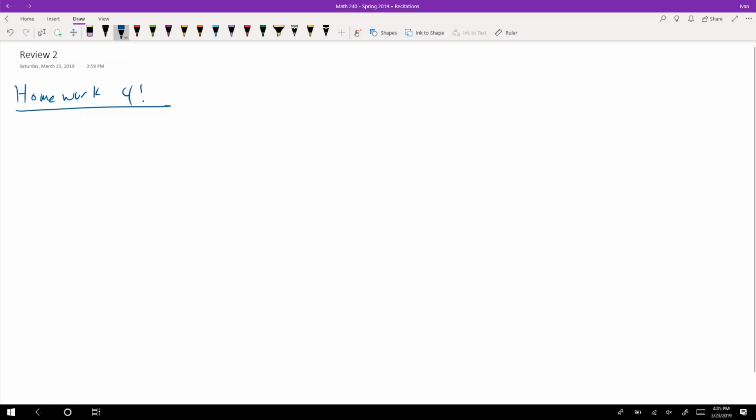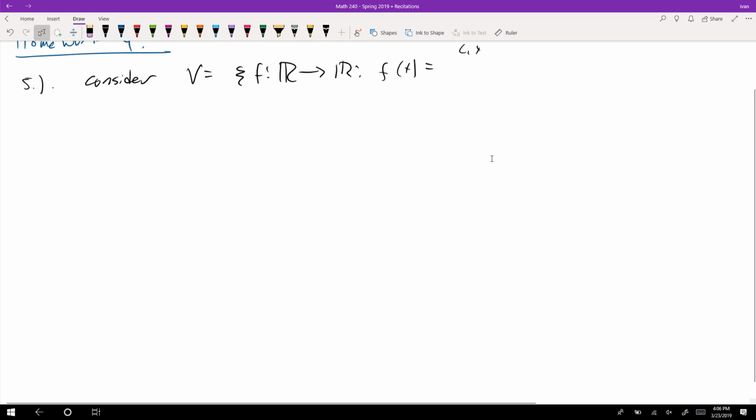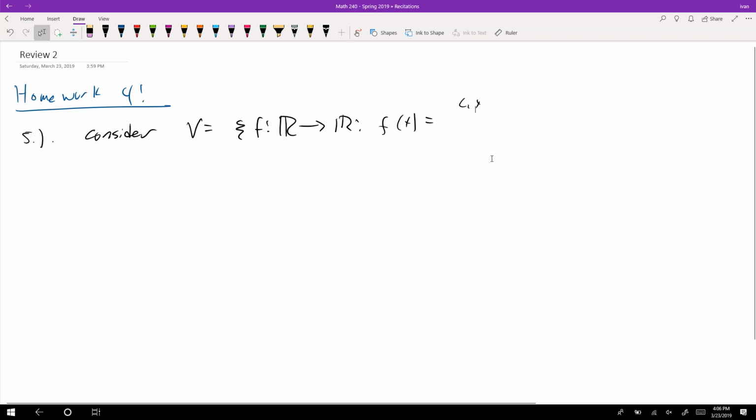And so let's talk about number 5, which is the following. Consider V equal to f mapped from the reals to the reals, and f of x is equal to c1 x plus c2 divided by (x minus 1)(x minus 2), for some c1, c2 in R. So my computer screen, this top right corner, I actually broke. As you can see, I can't write up there.